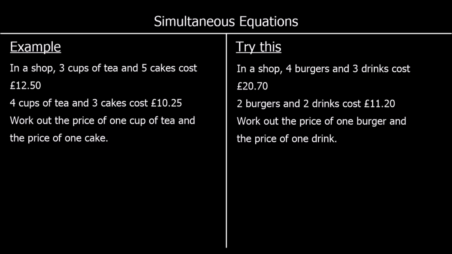And the last example, we've got a worded question. So in a shop, 3 cups of tea and 5 cakes cost £12.50. And 4 cups of tea and 3 cakes cost £10.25. So we can make simultaneous equations.